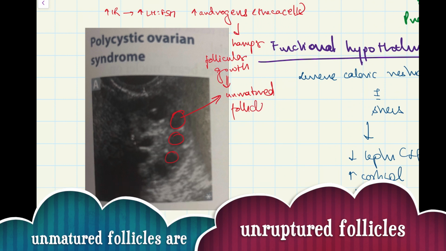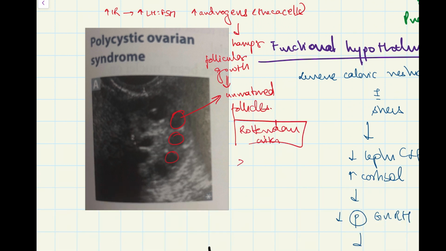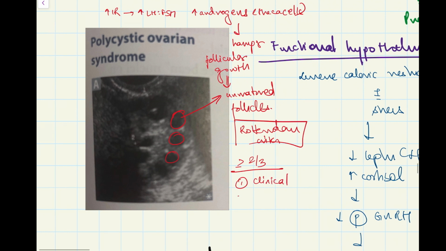Right. So in the Rotterdam criteria, 2 of the following 3 factors are required. So first is the clinical diagnosis, where there is amenorrhea or oligomenorrhea. Second is the ultrasound criteria, where in ultrasound there are more than 12 cysts, right, with an enlarged ovary.